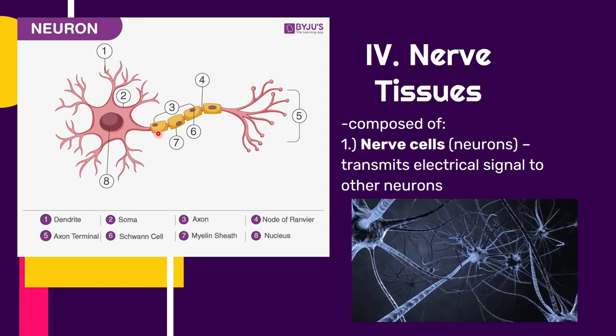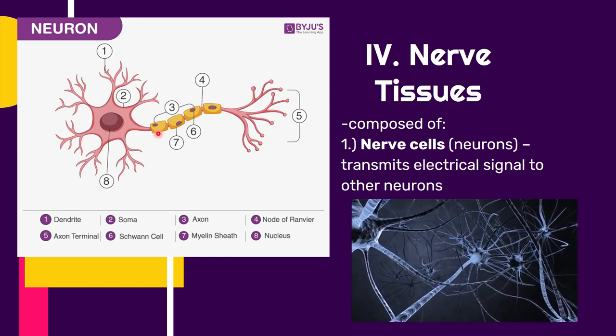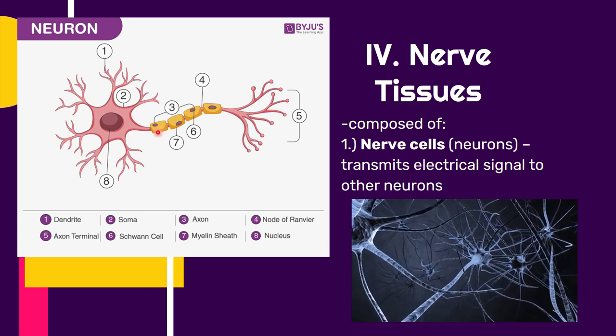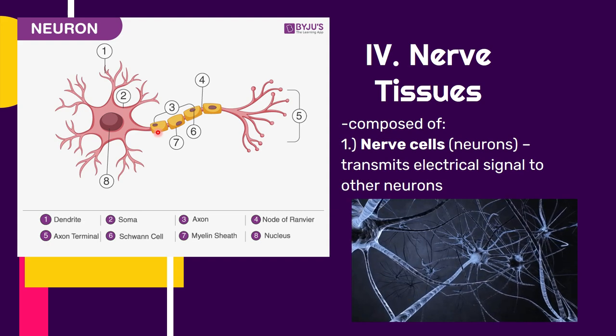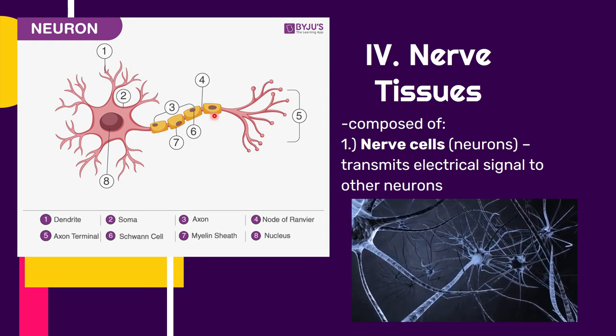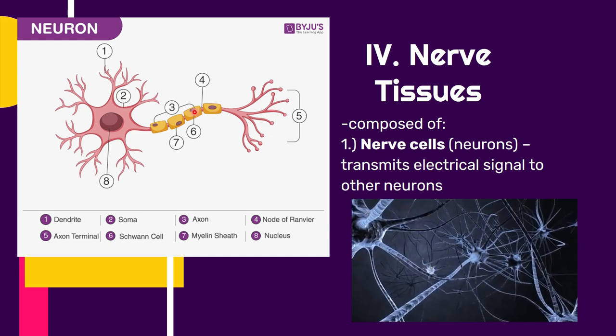We call that the myelin sheath. So the myelin sheath is very important to our axons because it makes the transmission of signals faster. Without it, the transmission of electrical signals would be slow.